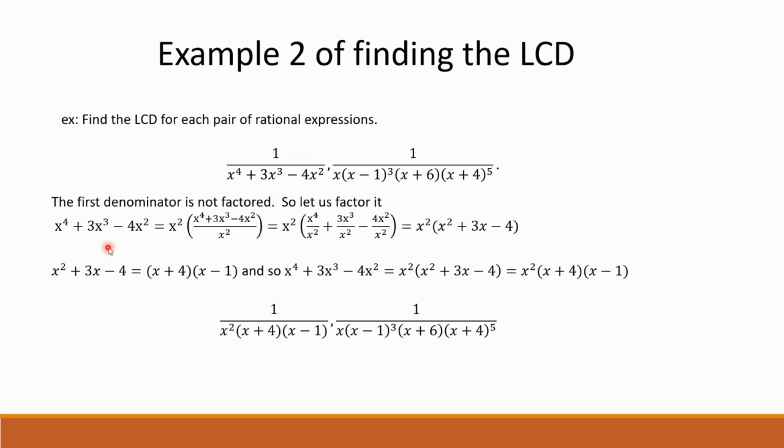So we get x to the fourth plus 3x cubed minus 4x squared. Right away, we can take out x squared, that's the smallest power of x that occurs among every term. So that comes out.